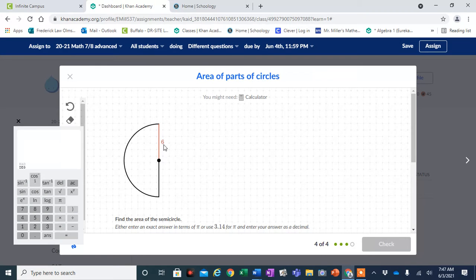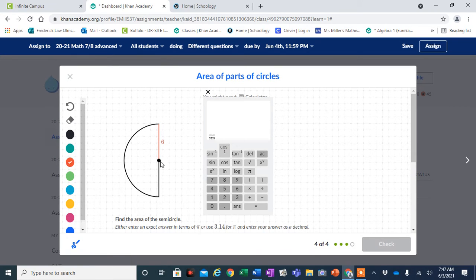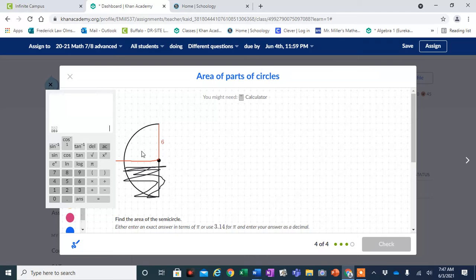Okay, for this one, they gave us half a circle. They give us the 6, which is the radius. For this situation, just because they didn't give me a quarter circle, let's ignore the bottom half here and say that this problem was a quarter circle, only one section. You would do everything the same way.